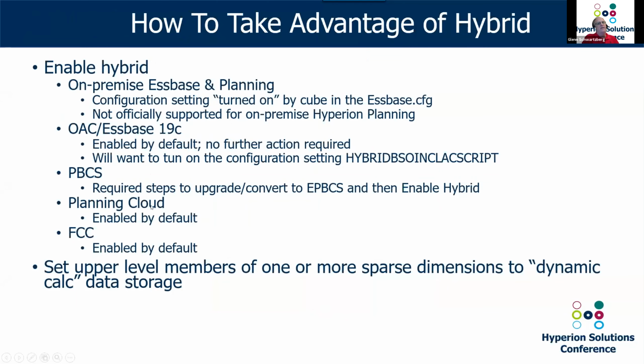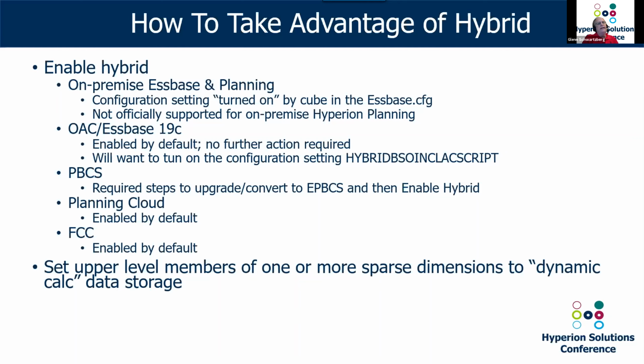So how do we take advantage of hybrid? Well, if you're on-prem, you actually have to turn on hybrid in the Essbase config file, and know that it's not officially supported for on-prem planning. There's a lot of people who have done it, including interRel for clients, but it's not officially supported.